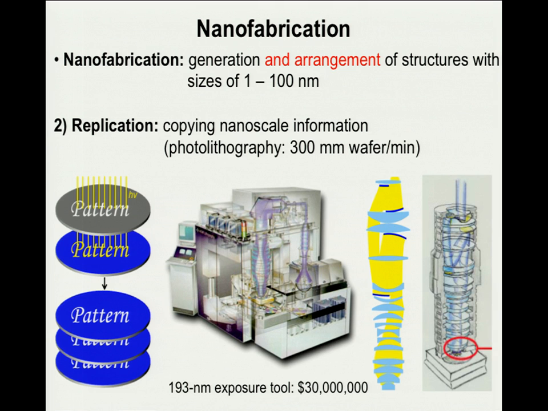This is a 193 nanometer exposure tool called a stepper, and it comes at a price of about $30 million, probably closer to $50 or $60 million now, because now these 193 nanometer light sources are used to make much, much smaller features.